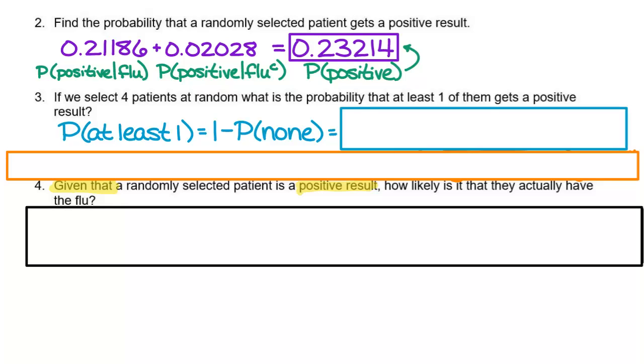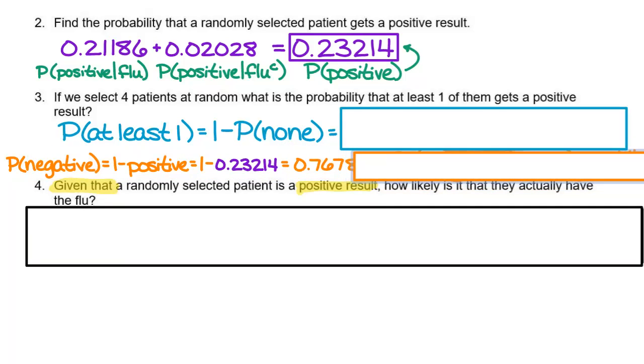If the probability of a positive was 0.23214, what's the probability of getting a negative? 0.76786. Yes, 1 minus the probability of a positive.